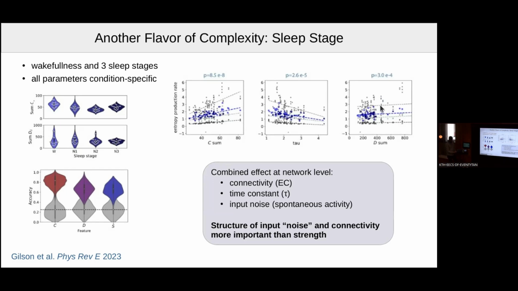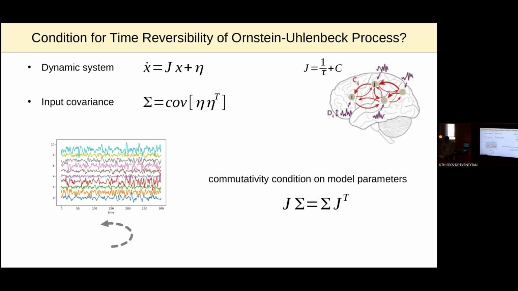Like here, it's not the global level of input covariance that matters, but more the detail of its structure. And to explain that, because it's not obvious, let's go back to a bit of mathematics.